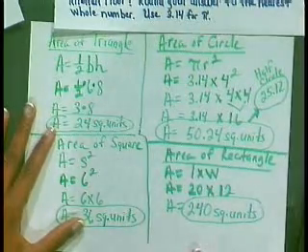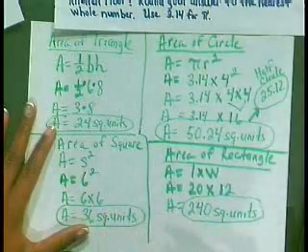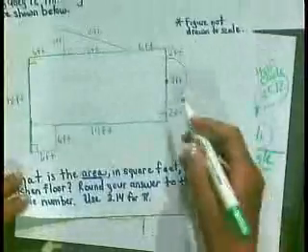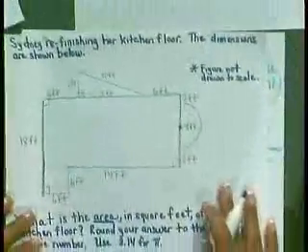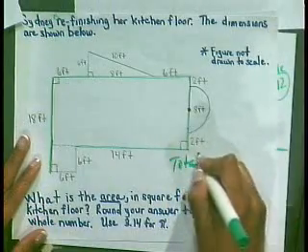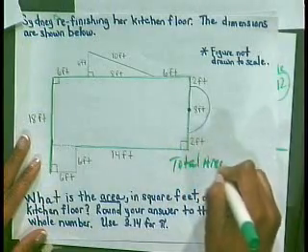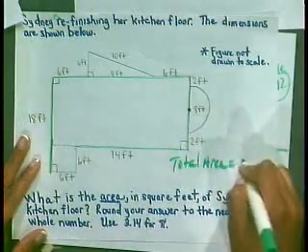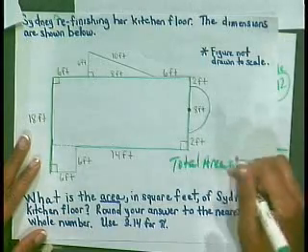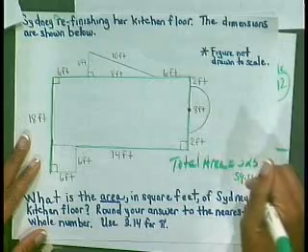So if we look at our answer, the total of all this added together, we get, go back to our problem, total area equals 325 square units.